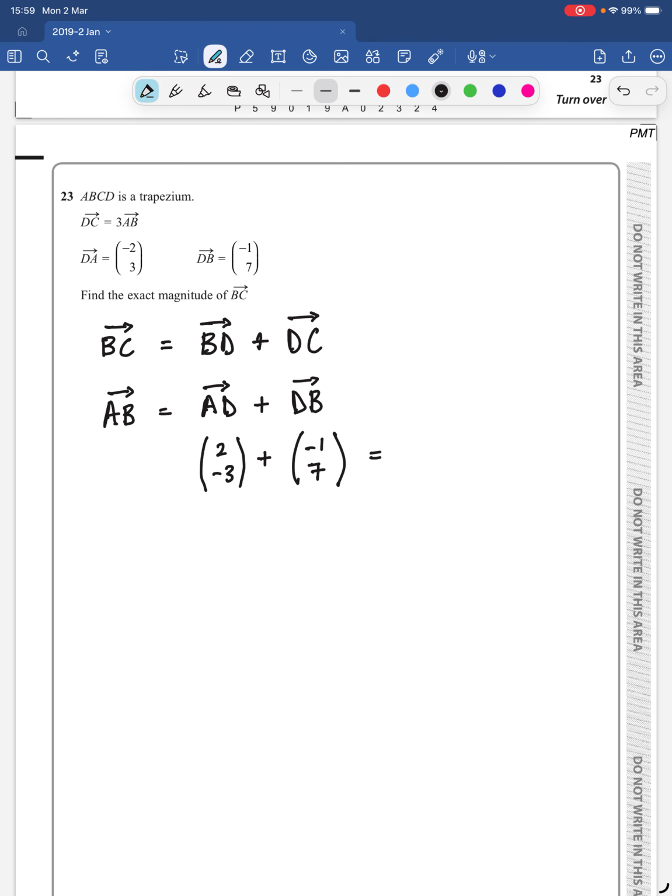So that is equal to adding 2 and -1 is 1, and -3 and 7 is 4. So we've got AB, and B to D we can find by negating D to B. We know that DC is 3AB, so I think we're already there.